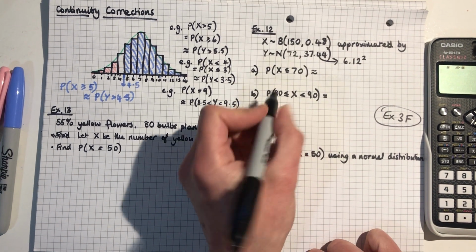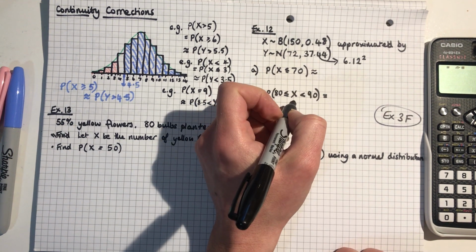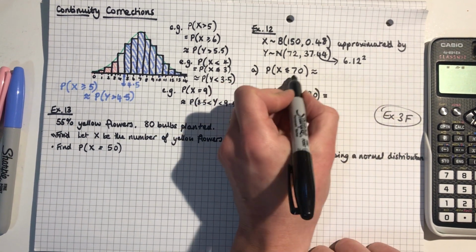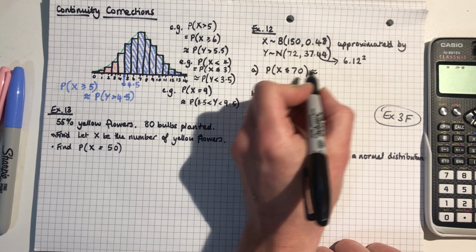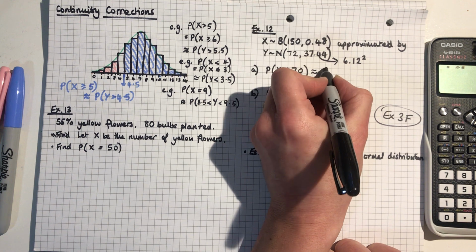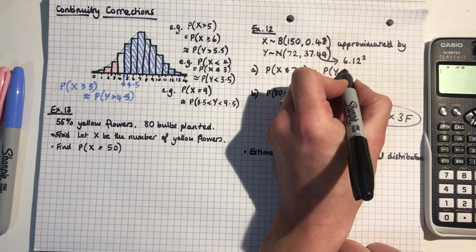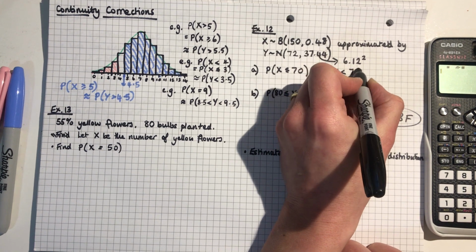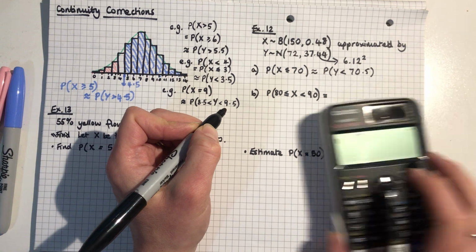We are asked to first of all work out, using the approximation, the probability that x is less than or equal to 70. It's already got the equal to part on it, so let's apply our continuity correction. That's approximately the same as the probability that this normal distribution gives us a variable less than 70.5. Now let's go to our calculator.